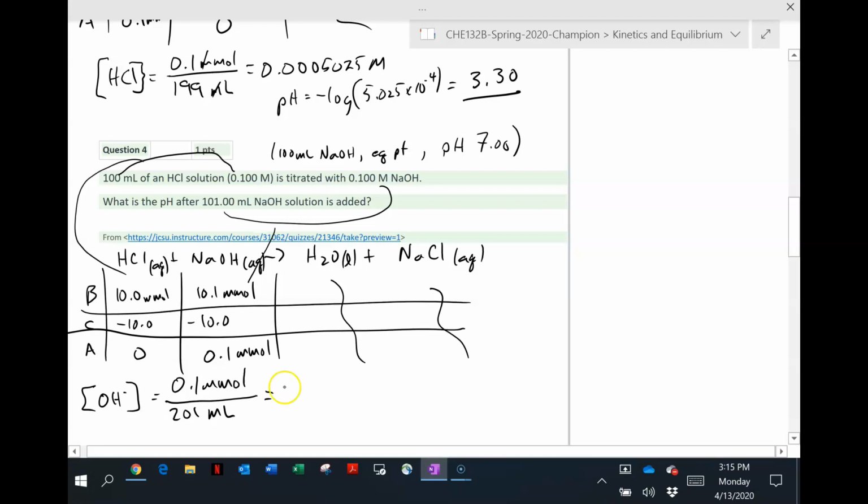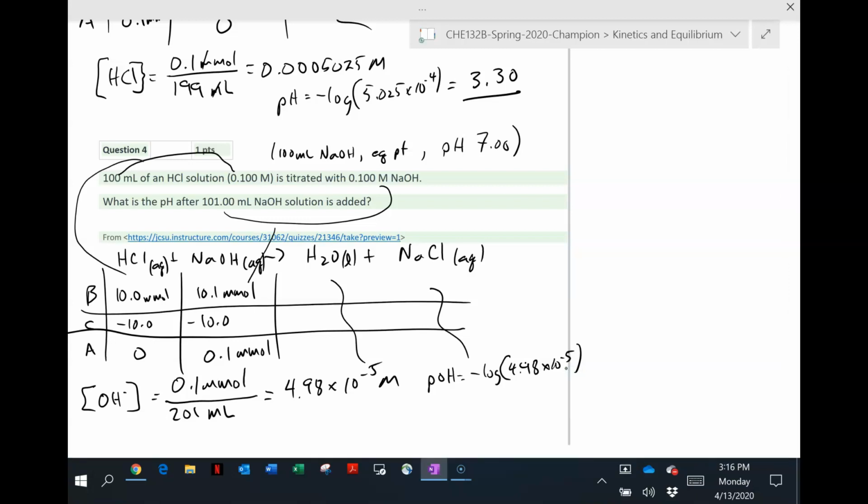That's going to be 4.98 times 10 to the negative fifth molar. So our pOH is the negative log of that concentration. So that is going to be basically 3.30 again.